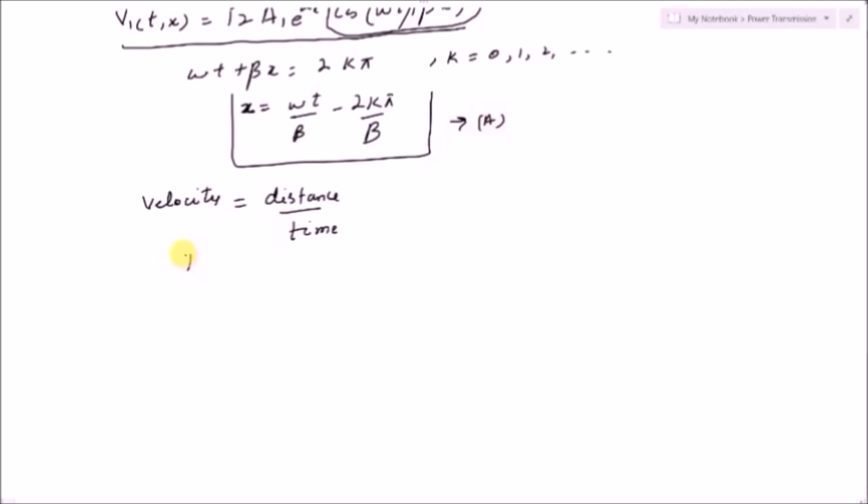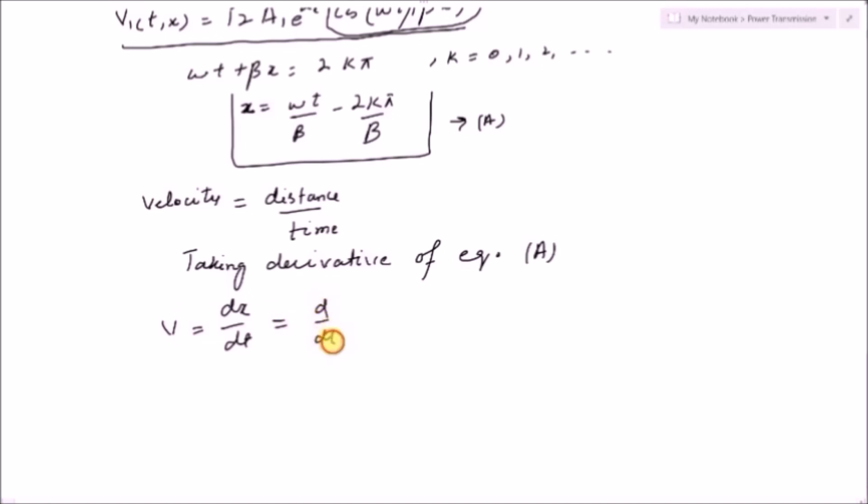Taking the derivative of equation A, that will become dx over dt is equal to V is equal to d over dt of ωt over β minus 2πk over β. Now this value is a constant, and if I have to write the velocity equation, that will be ω over β.